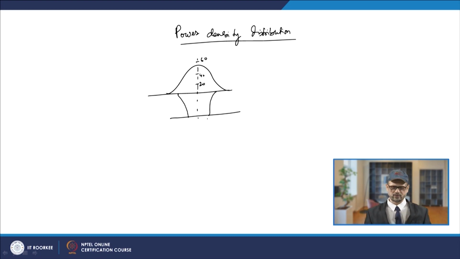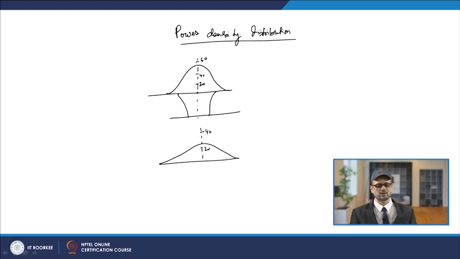Now, if you change the power density distribution, suppose it goes like this, where this is your 20 and this is 40. So, it is changed now.